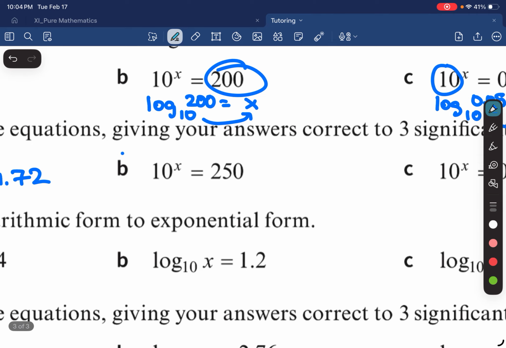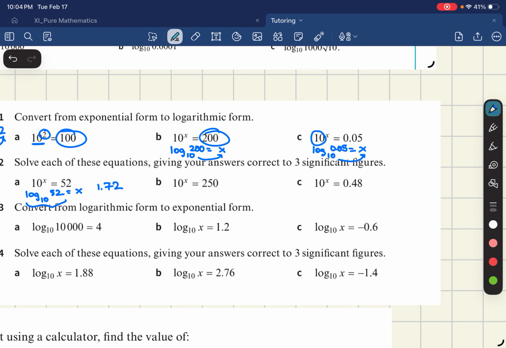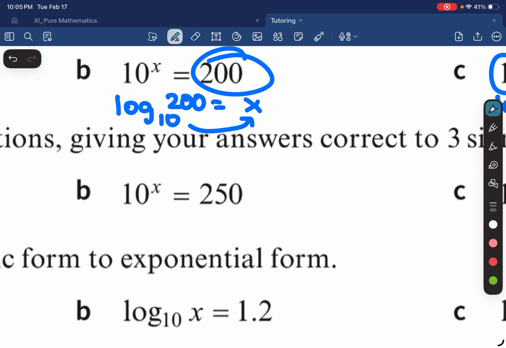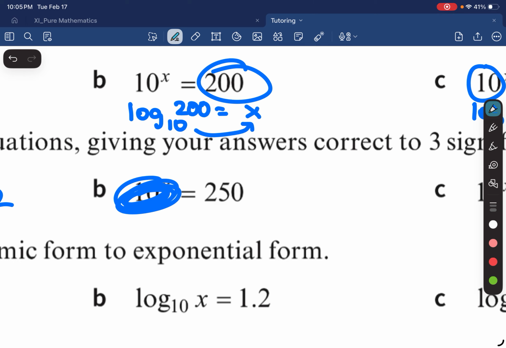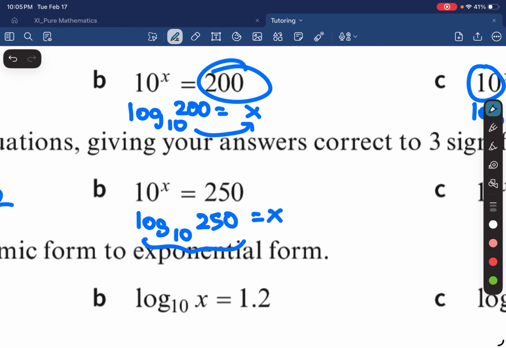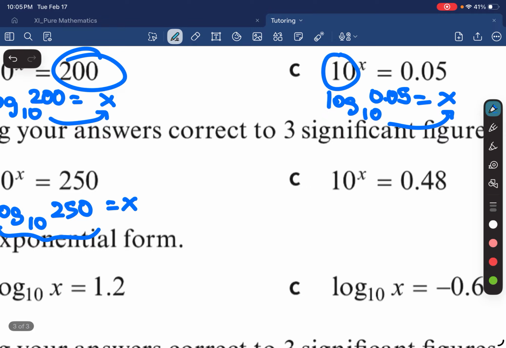And again, you want to just convert everything into a log here. If you're stuck on how to solve these type of equations, you usually want to change it to logarithms. And we want the logarithm to be the base that we have here. So this time it's going to be base 10. So we have log base 10 of 50 is equal to x. And this part, you can just punch it in your calculator. So in your calculator, the scientific calculators that you are using, you don't have to specify the base because there are only two bases that are inbuilt.